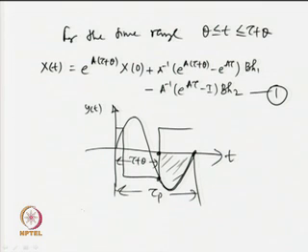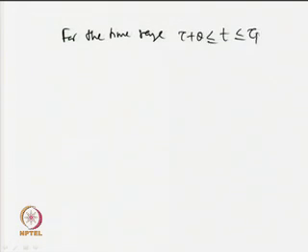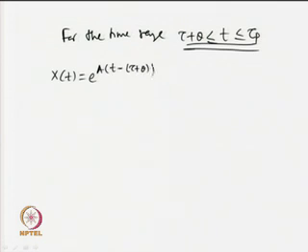So, for the time range tau plus theta is less than or equal to t is less than or equal to tau p, the state variable will be given by x(t) is equal to e to the power A(t minus tau plus theta) x(tau plus theta), then plus A inverse [e to the power A(t minus tau plus theta) minus I] B h1 now.